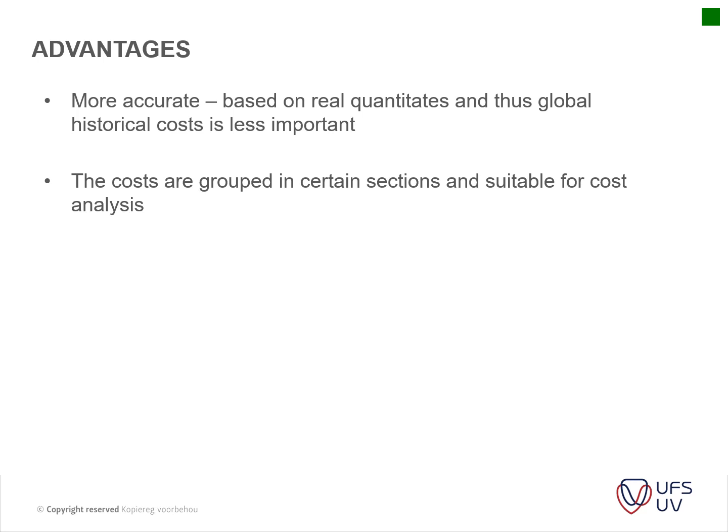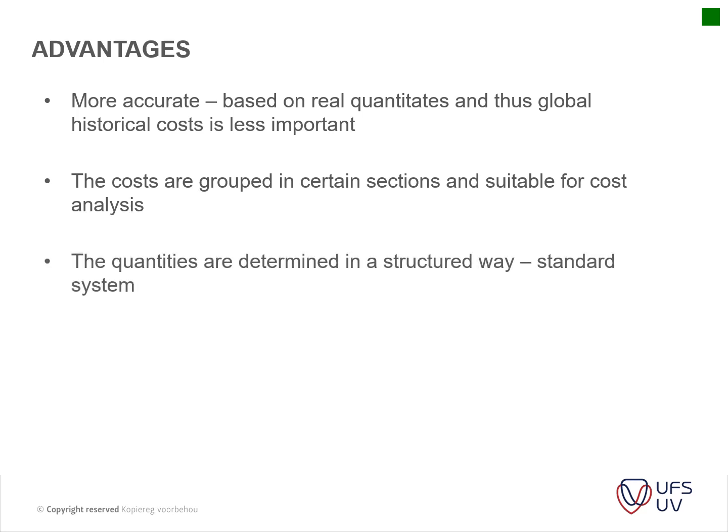The costs are grouped in certain sections and suitable for cost analysis. And the quantities are determined in a structured way, standard system. Okay, so it still follows the rules of the standard system of measurement, but it doesn't follow a strict rule of dividing your measurement into different sections.